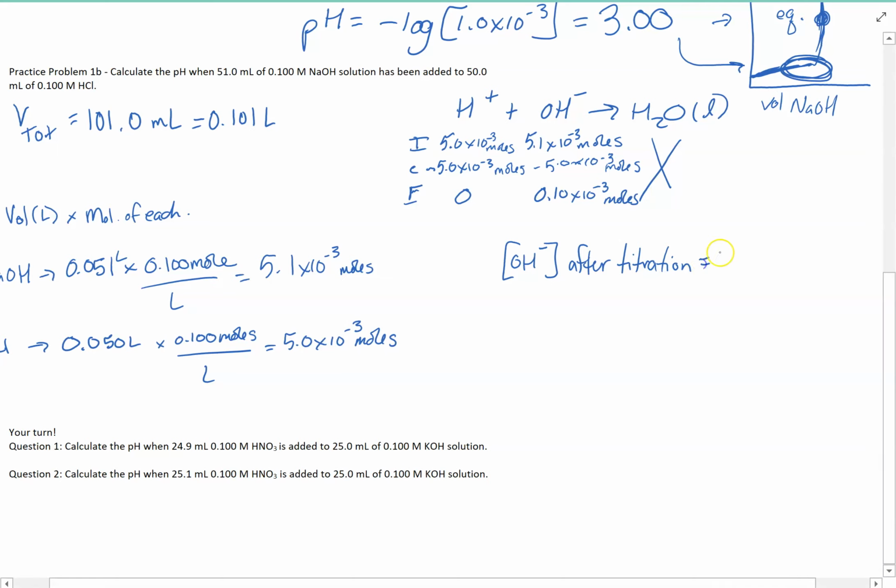So the concentration of OH- after the titration is going to be the total number of moles divided by the volume in liters of the total solution. That's going to give us a value of 1 times 10 to the negative third.